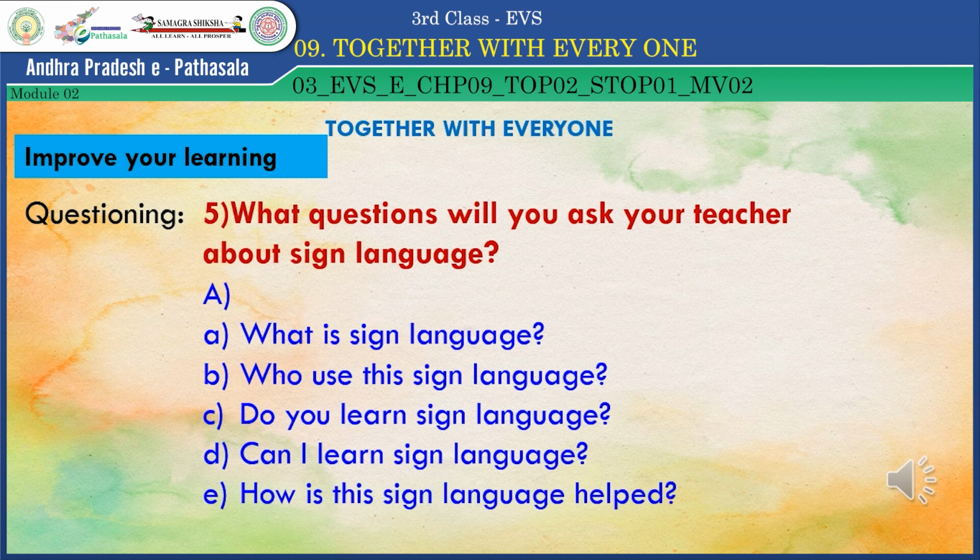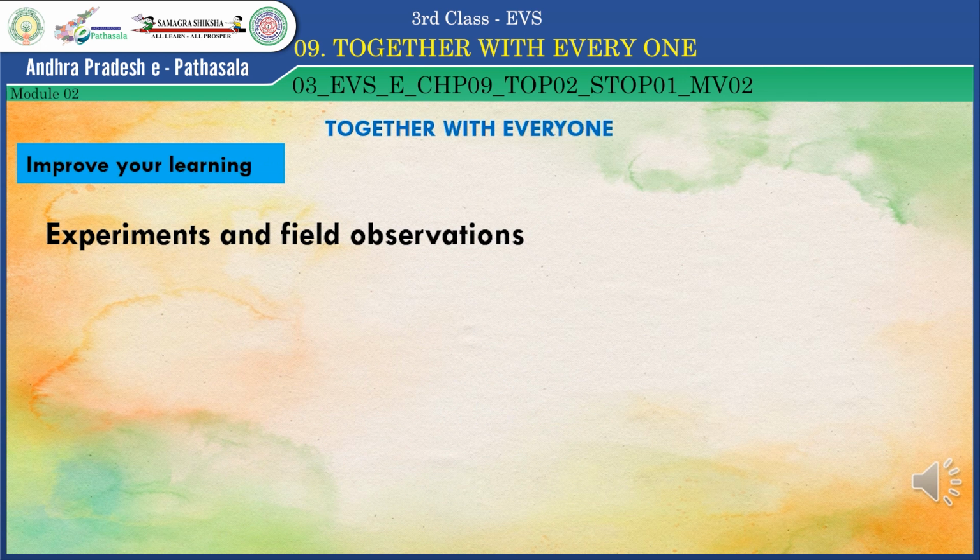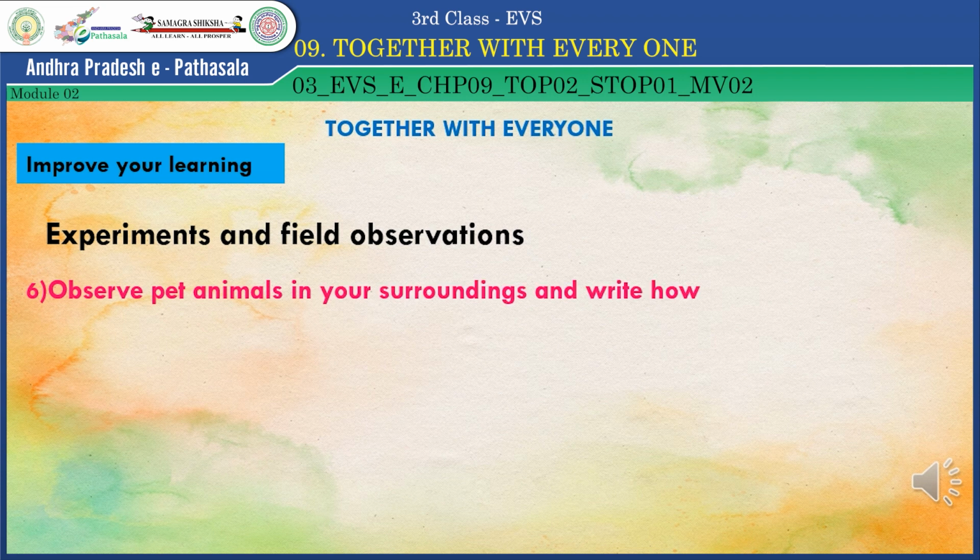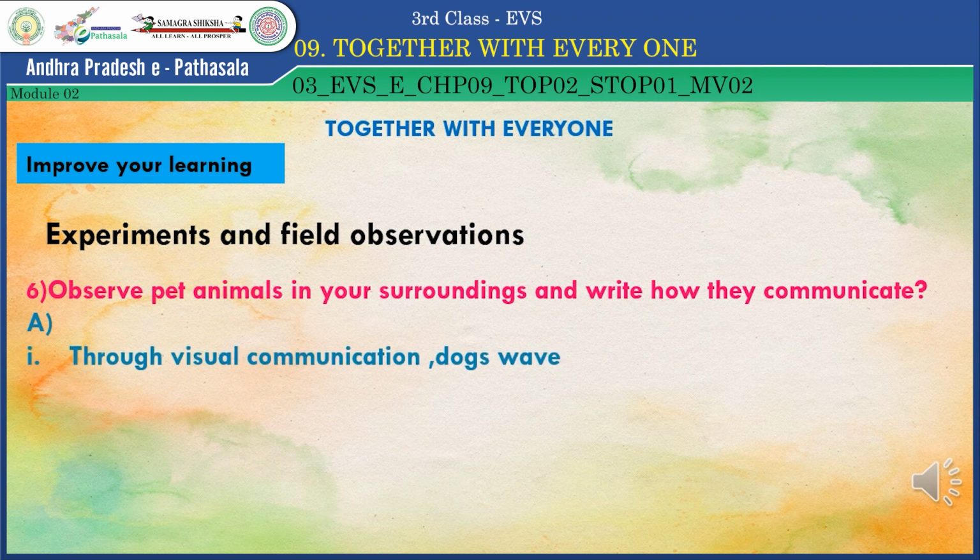Be ready for the sixth question. Children, 6.1. Observe pet animals in your surroundings and write how they communicate. Good children. Through visual communication, dogs wave their tail when they feel happy.